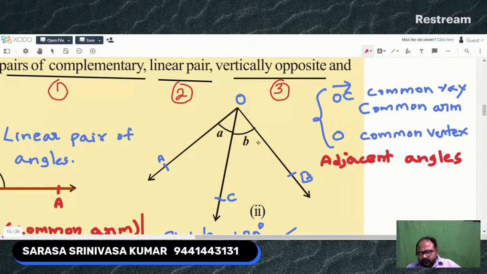Now you measure the angles. You have textbooks.